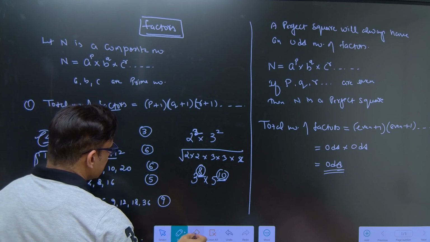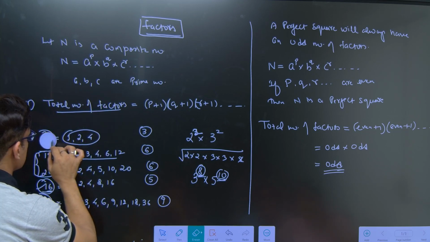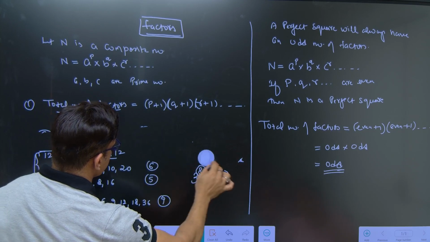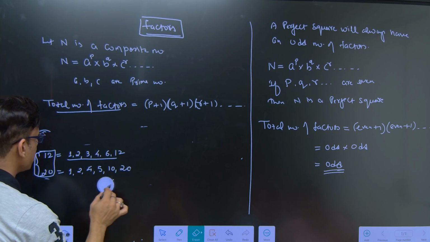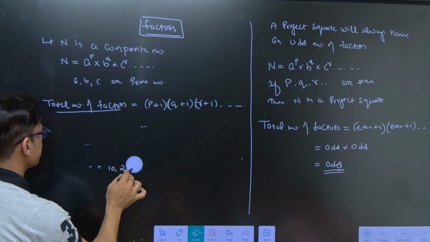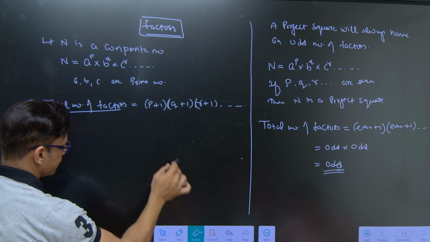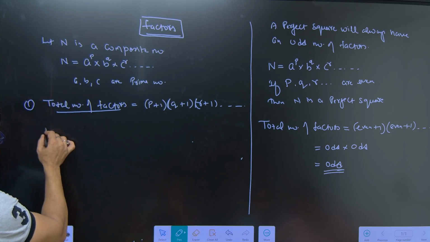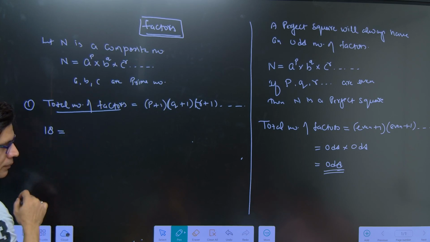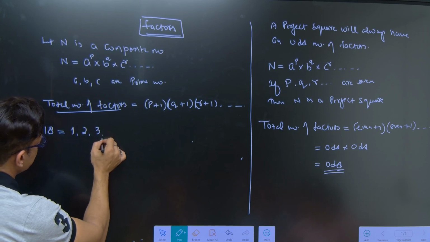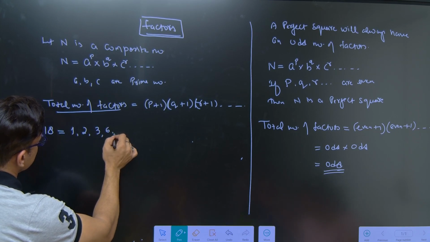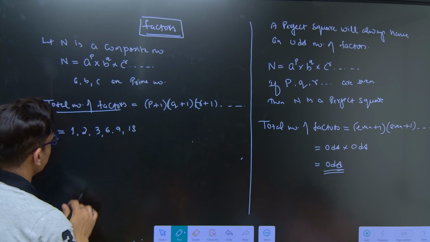Now, second thing. Suppose I have a number, let's say 18. Factors of 18 are 1, 2, 3, 6, 9 and 18.